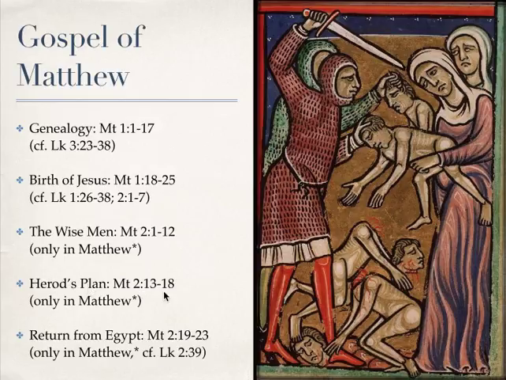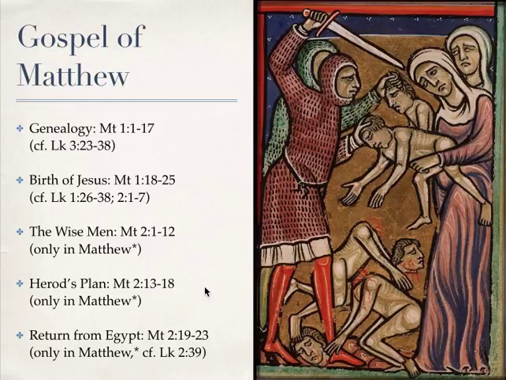Matthew chapter 2, 13 through 28 tells that Herod the Great, after learning that Jesus was born from the Magi from the east, has this plot to kill all the male children under 2 in Jerusalem and the surrounding area. And this is a picture of the slaughter of the innocents. You can see them decapitating the little children. This is a part of the birth narrative in the Gospel of Matthew.